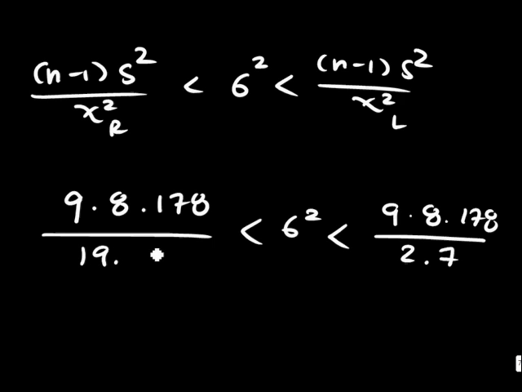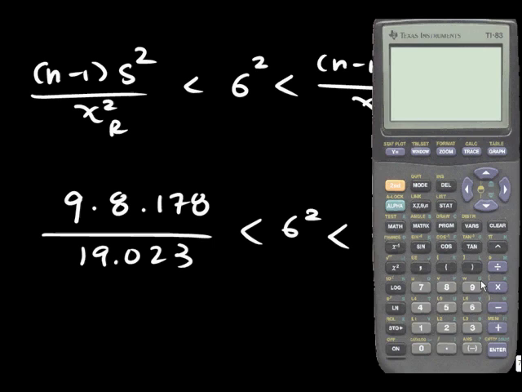Using our calculator. 9 times 8.178 divided by 19.023. Remember, take the square root of this.